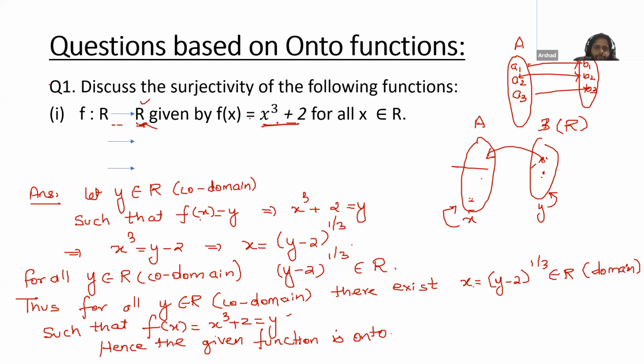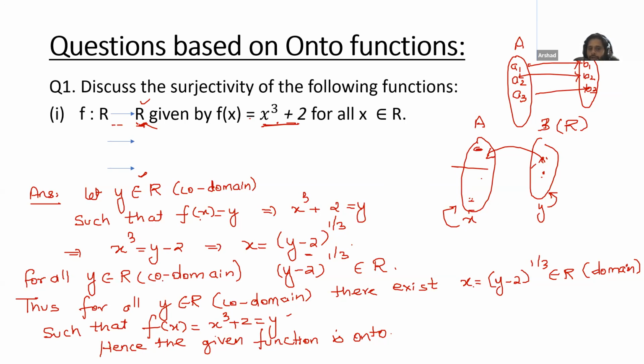Then the next step is, you need to find the value of x in terms of y. So you have x cube plus 2 is equal to y, and you need to find the value of x in terms of y. So we get this value. Now you need to check that if you put y here, this complete expression will give a value which is present in set A. So the same thing we have written here.